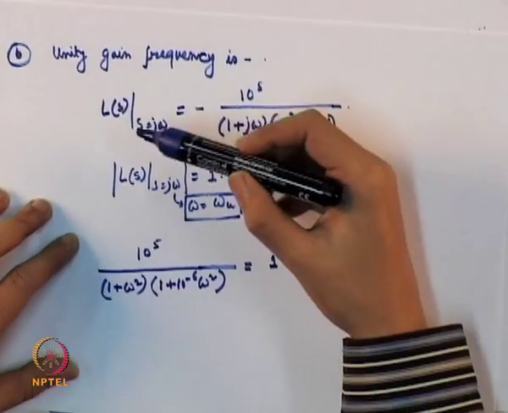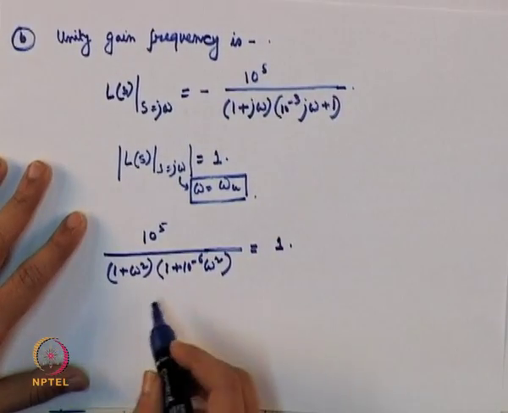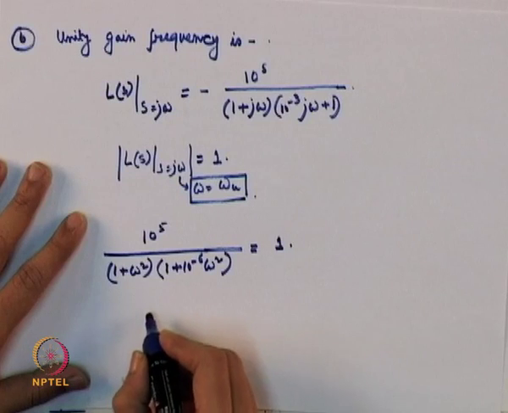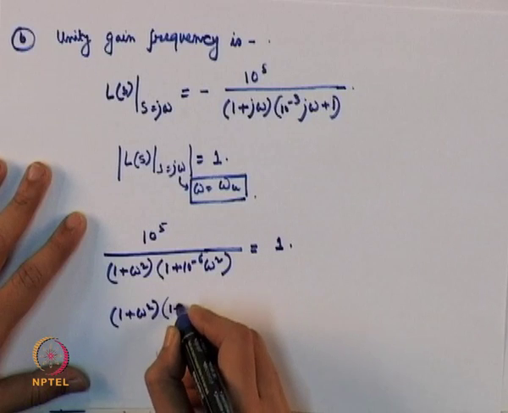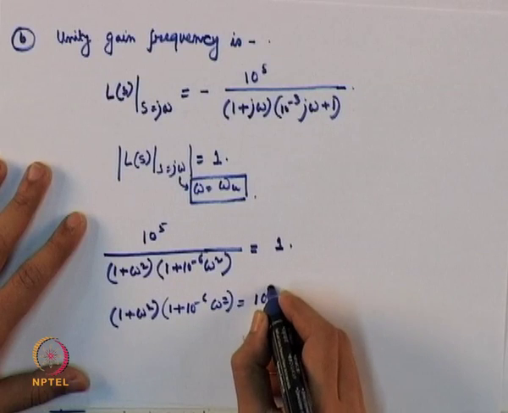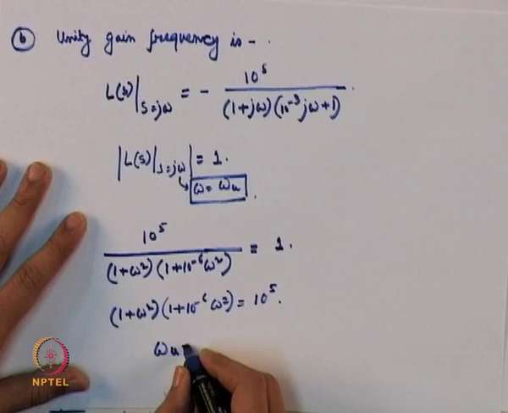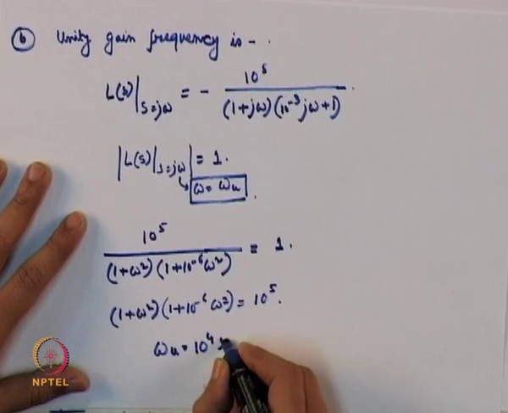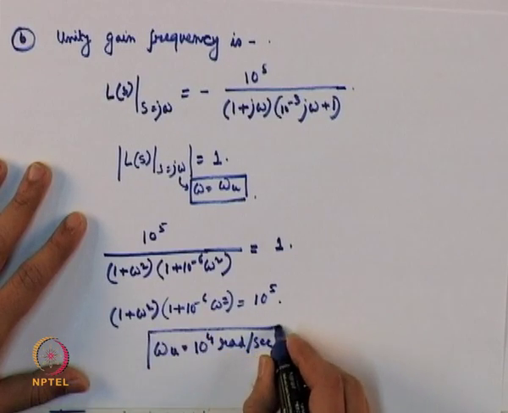Just taking the mod and squaring it, and solving from here, omega u comes to be 10 to the power 4 rad per second. So, this is our unity gain frequency.